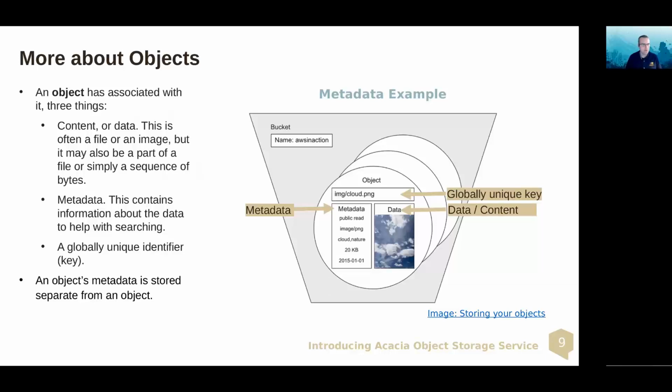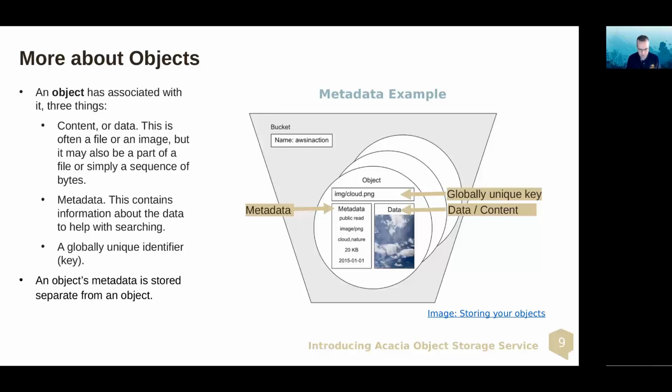Okay, so let's delve into objects now. An object has associated with it three things. This is the data component, the binary data, and it has the name. So that's the name of the object. See how we've got a folder name prepended to the name of the object. So that's a larger name, and that name is globally unique.